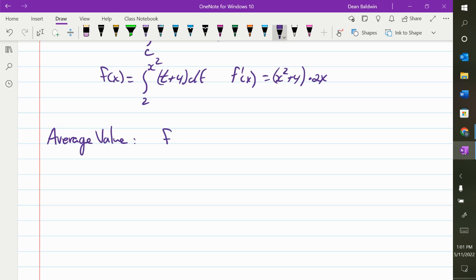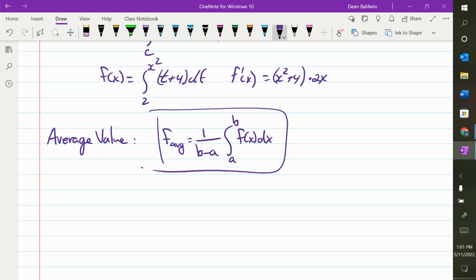The average value of a function, f average, is equal to 1 over b minus a times the integral from a to b of f of x dx. He will give you that formula.